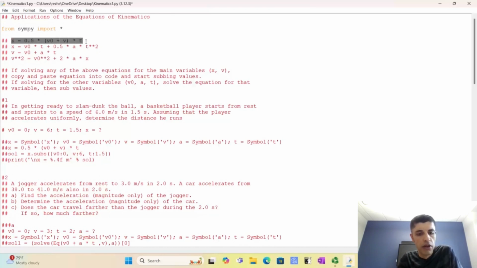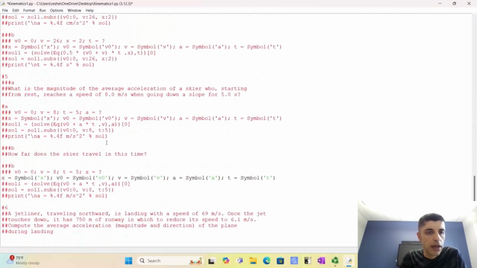This equation here, so copy that equation and then come down here and paste that in here. So then solution equals X here, X dot subs. Yes, just like that. And then X is going to be meters. Let's go ahead and run it.